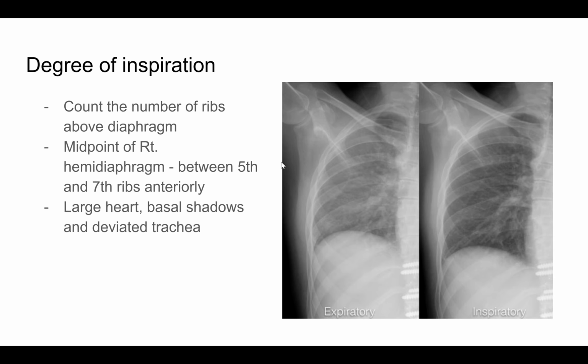The last thing about quality is the degree of inspiration. You always have to take a chest x-ray in deep inspiration. So you count the number of ribs above the diaphragm, and the right hemidiaphragm midpoint should be between the fifth and the seventh rib anteriorly, because if it is not in the right inspiration, the heart can appear large.